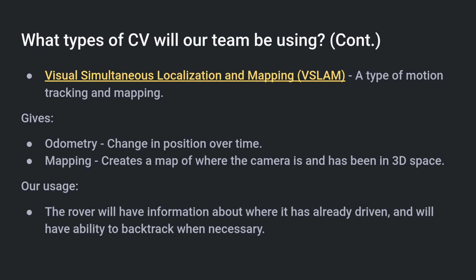And it also gives us mapping, so the computer will have an understanding of where the camera is and has been in 3D space. Also, with this information, the rover will have information about where it has already driven and will have the ability to backtrack when necessary. And this would be in its autonomous navigation plan.